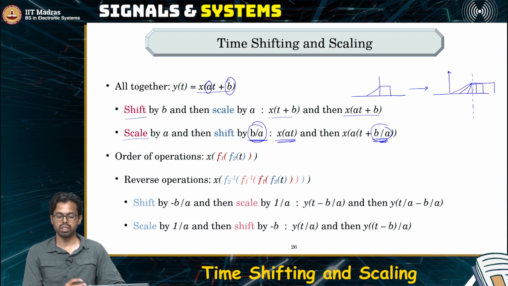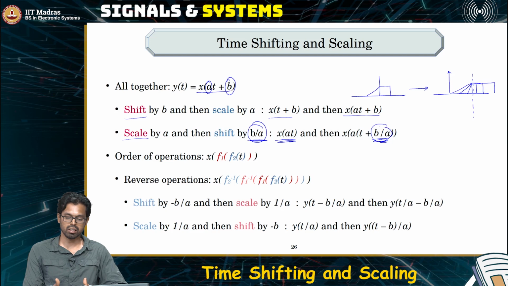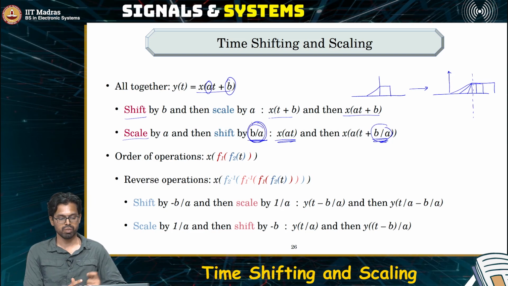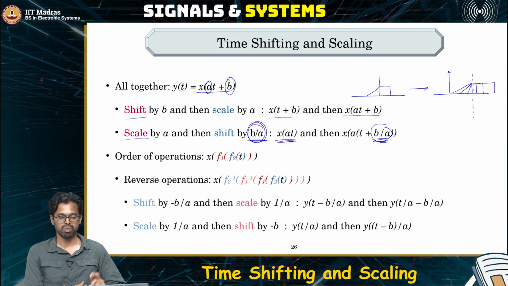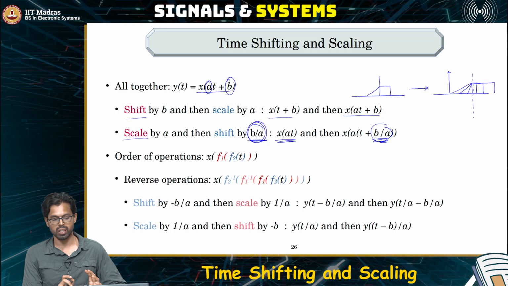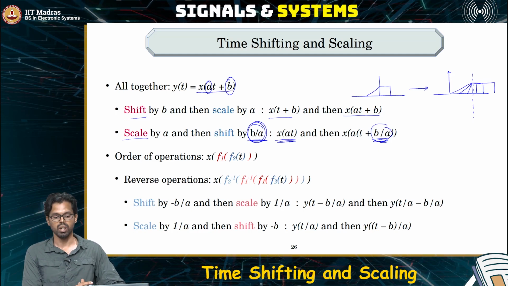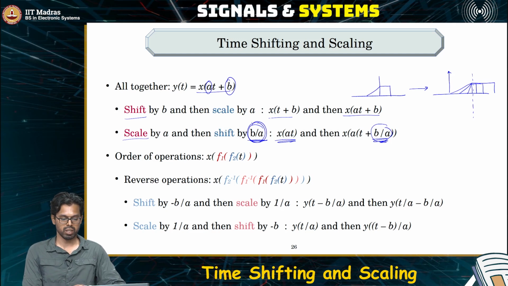Because of this, to incorporate the compression or expansion in the scaled axis, we have to change this shifting factor as well. So if you scale first, then you have to shift by a different amount. But if you shift first, then no change of constants is required. So it's easier to do the change of origin first and then the expansion or compression operation.